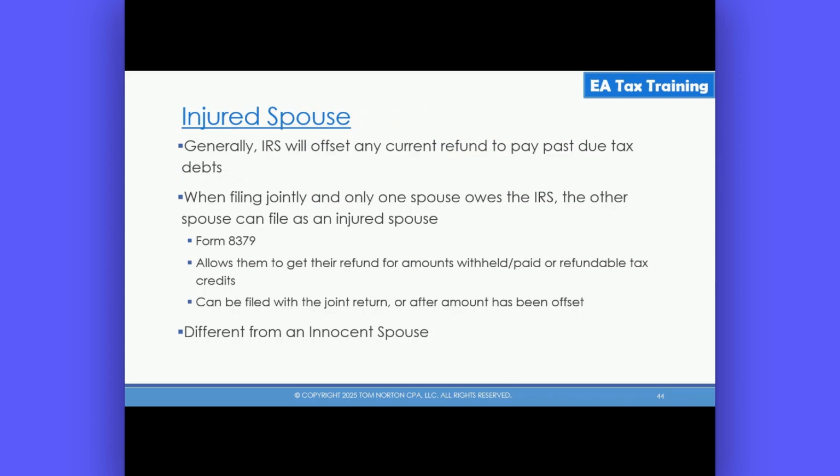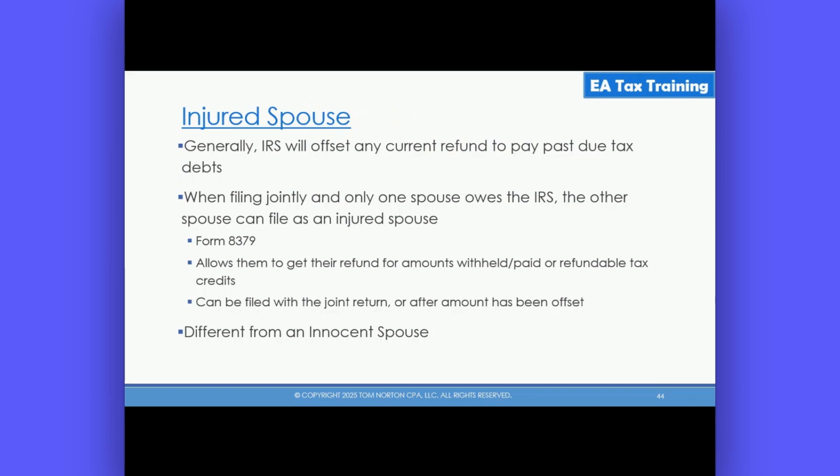This can raise problems when you are filing jointly and only one spouse owes the IRS. This can happen a lot when people first get married. So they first get married, one spouse owes the IRS from a previous tax return, of course, when they were single. And now they're filing a joint return and they are getting a refund.